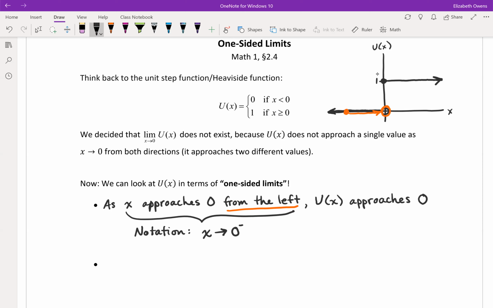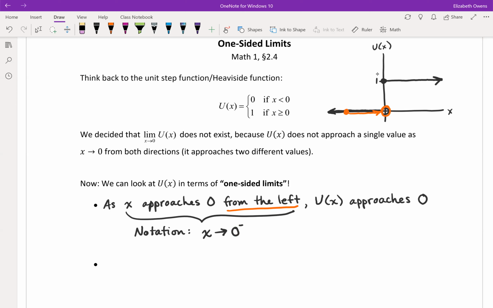And that means from the left. You could think of that as 0 minus a little bit, so a little negative direction there. So that means 0 from the left.